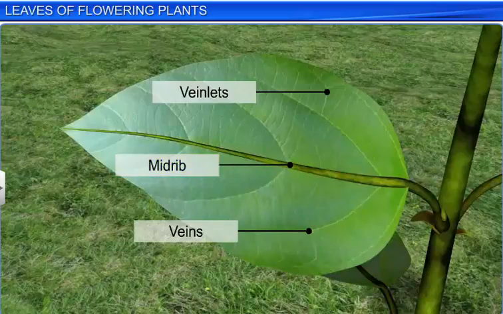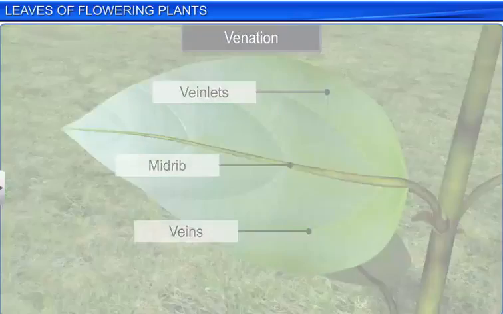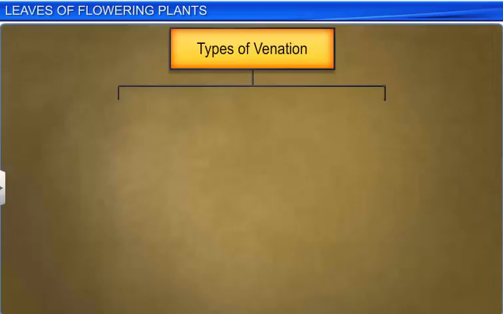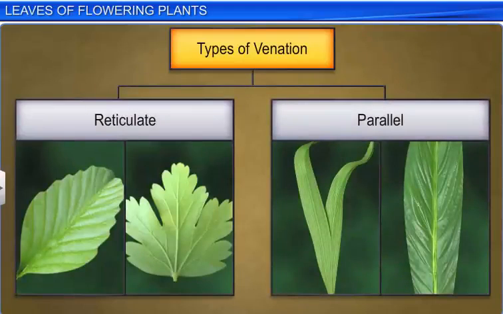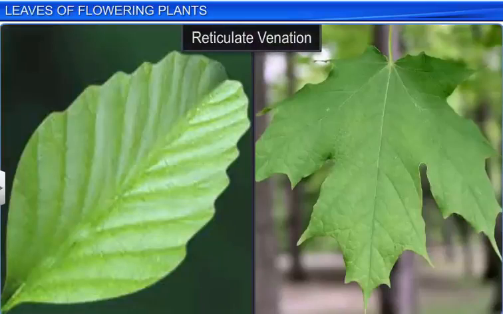The arrangement of veins and veinlets in a leaf blade or lamina is called venation. Venation is of two types: reticulate and parallel. In reticulate venation, the veins within the lamina form a network, a characteristic that is common to dicotyledonous plants.